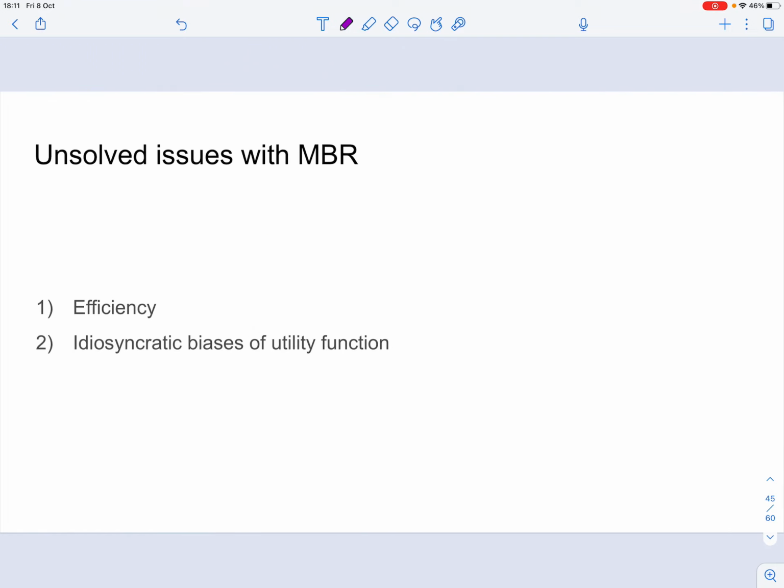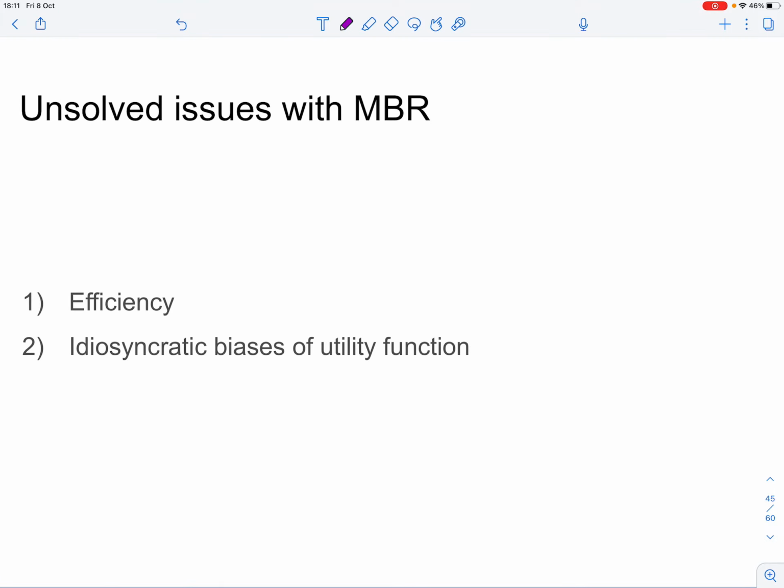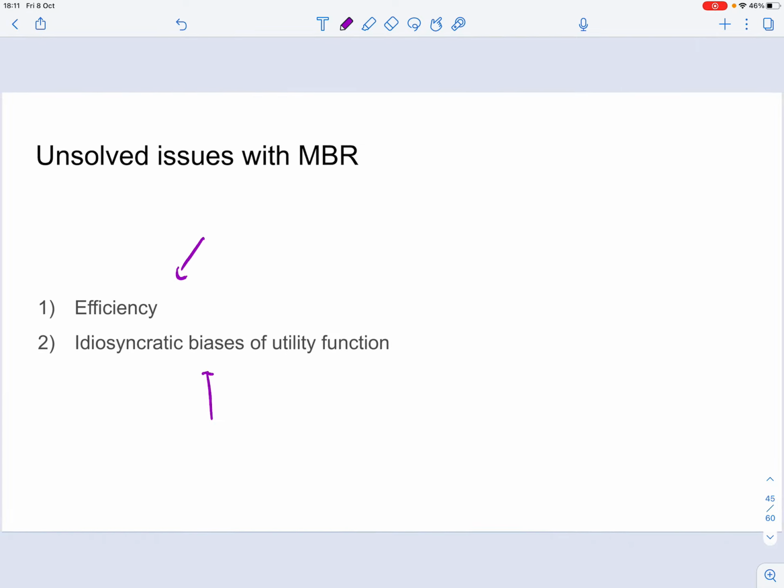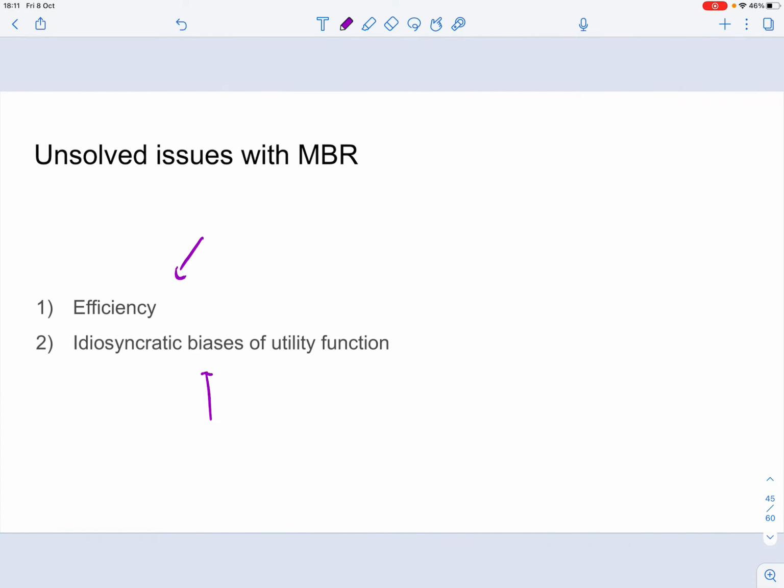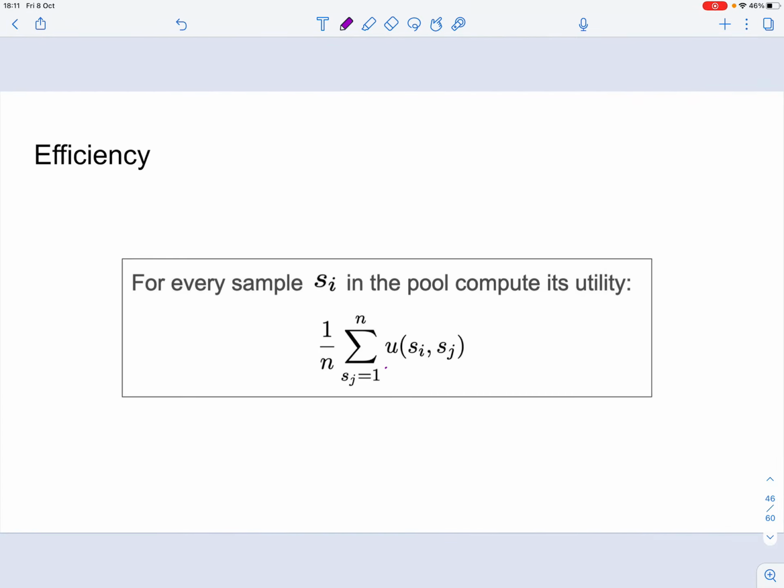Regarding fixing MBR's problems, what are the unsolved issues that need fixing? Two glaring problems that I can see are the efficiency of the algorithm and the idiosyncratic biases that utility functions introduce into MBR. Let's talk about efficiency first.